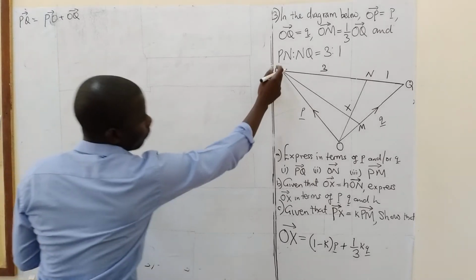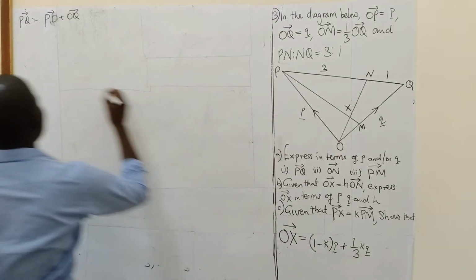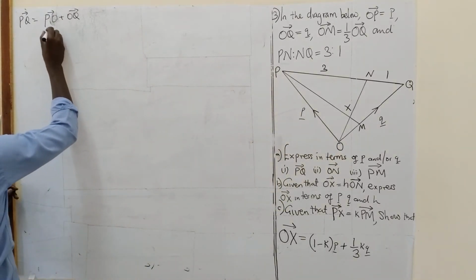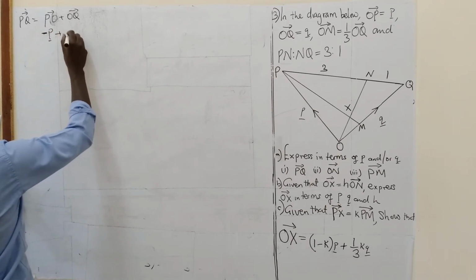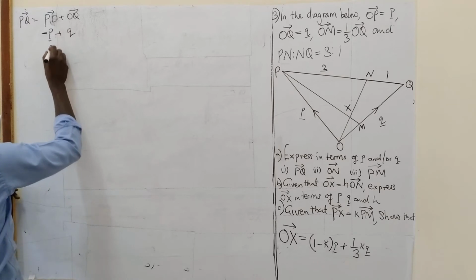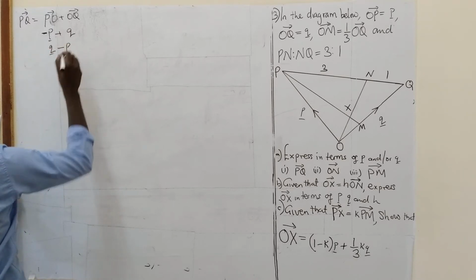And PO is from this point up, so it's the opposite, it's going to be minus p plus q, which is the same as q minus p.